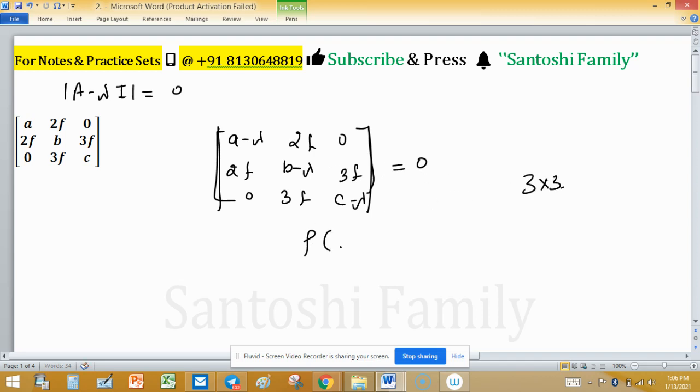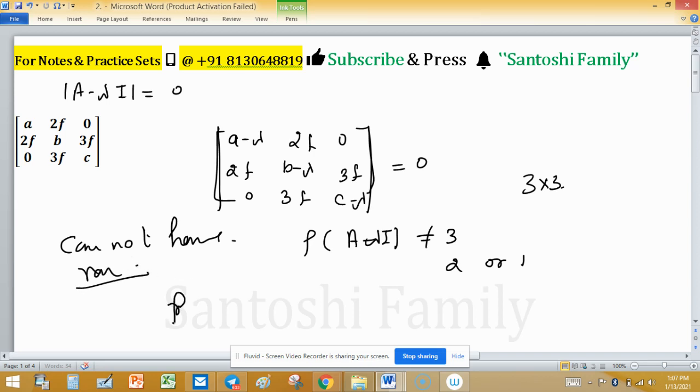The determinant of this matrix is 0, and it is 3 by 3, so the rank of A minus lambda I cannot be 3. So it may be either 2 or 1, but because it is a symmetric matrix, and a symmetric matrix cannot have rank 1, the rank of A minus lambda I is equal to 2.